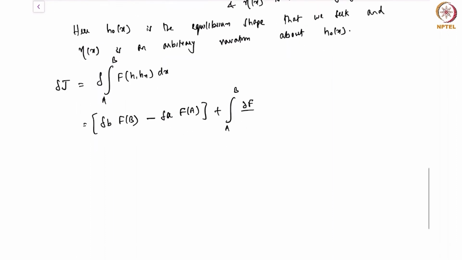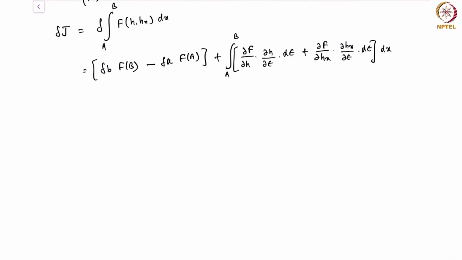So we have del f by del h, del h by del epsilon times d epsilon, plus the variation with respect to h_x, del h_x by del epsilon times d epsilon, times dx.